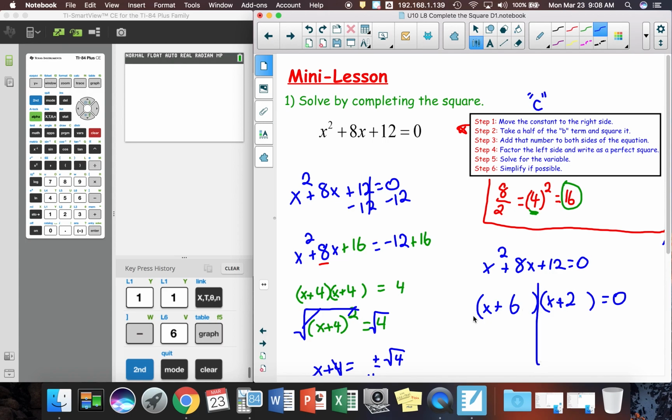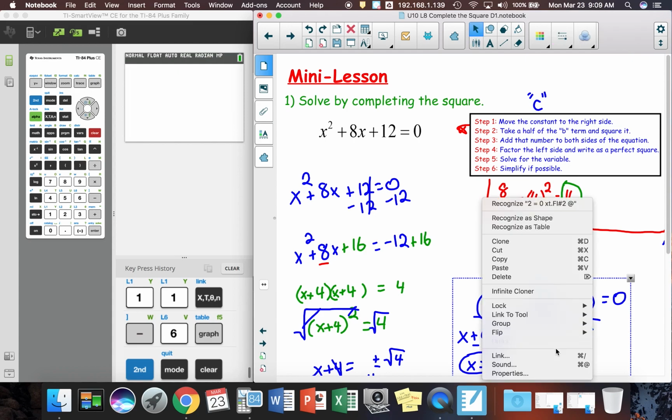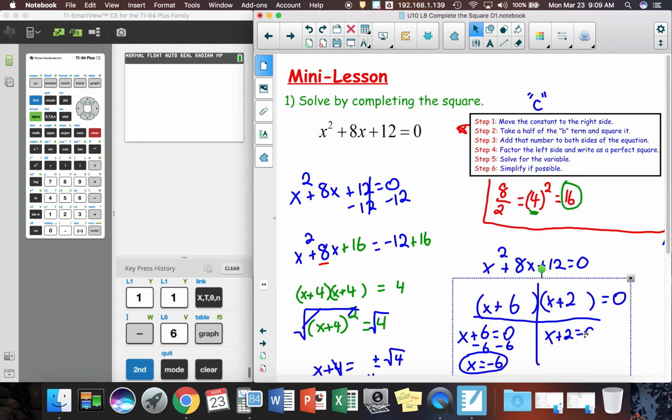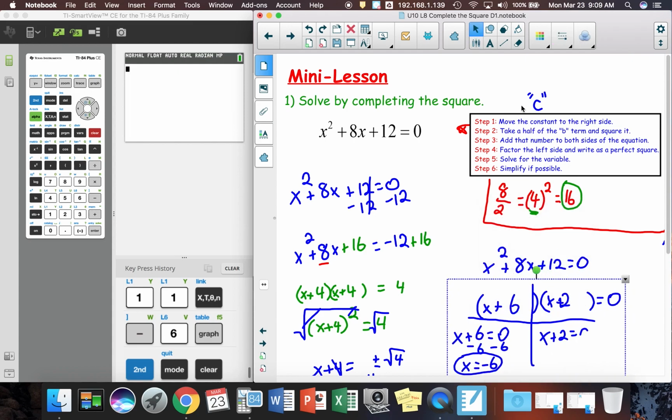Make your t-chart. We have x plus 6 equals 0. When you subtract 6, we get x equals negative 6. And we have x plus 2 equals 0. And when you subtract 2 on both sides, we get x equals negative 2.